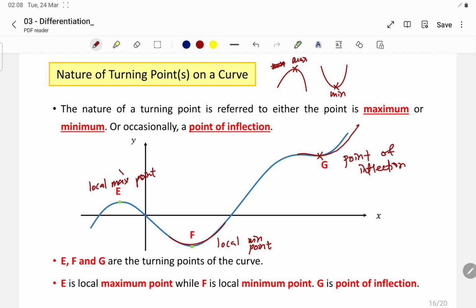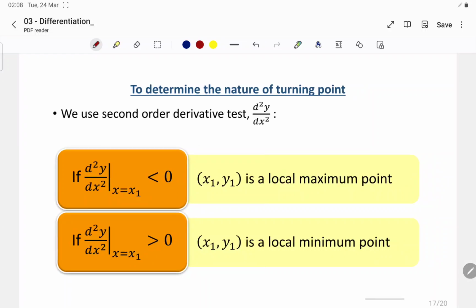Now, how do we find whether this turning point is a local maximum point or a local minimum point? You have to do the second order derivative test. Just now, before this, we learned how to find dy/dx.